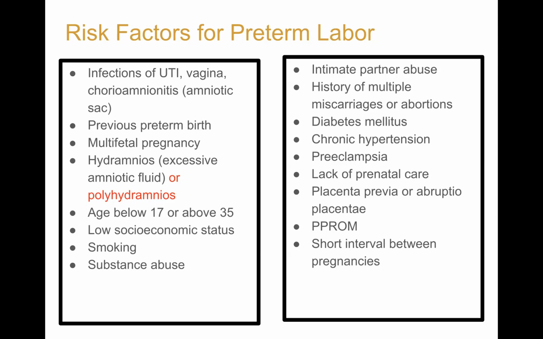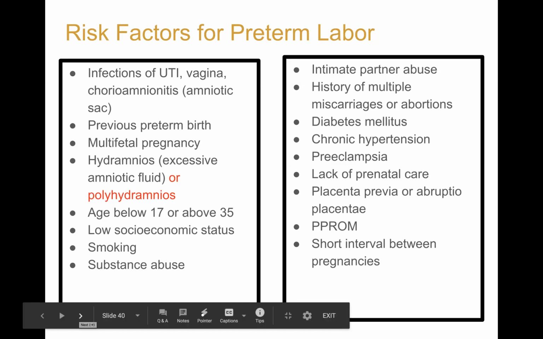And then premature rupture of membranes. And then short interval between pregnancies. So that's when the mom comes home, has the newborn, and is pregnant within less than a year of the next child. So a lot of risk factors, know them.